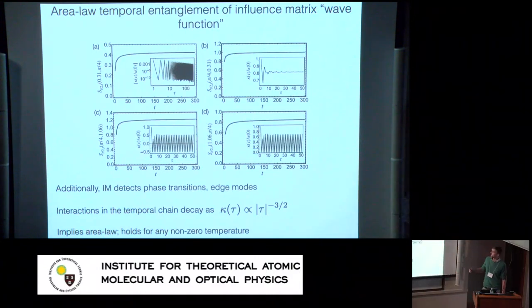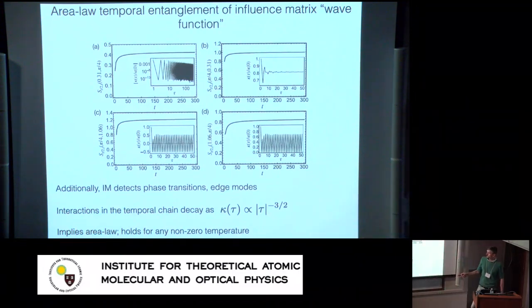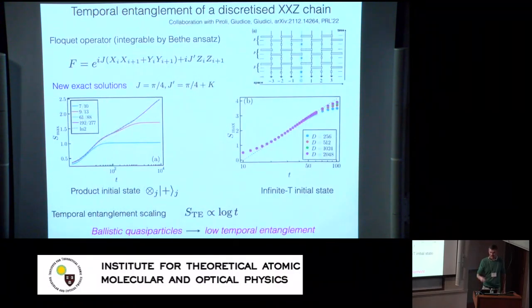So you can prove it has area law entanglement, and here is a numerical illustration of how little entanglement there is. This is quite a general fact. Non-interacting particles give you low temporal entanglement, and we can prove this area law for any non-zero temperature. At zero temperature, you acquire a log time correction, but this is still not a whole lot of entanglement.